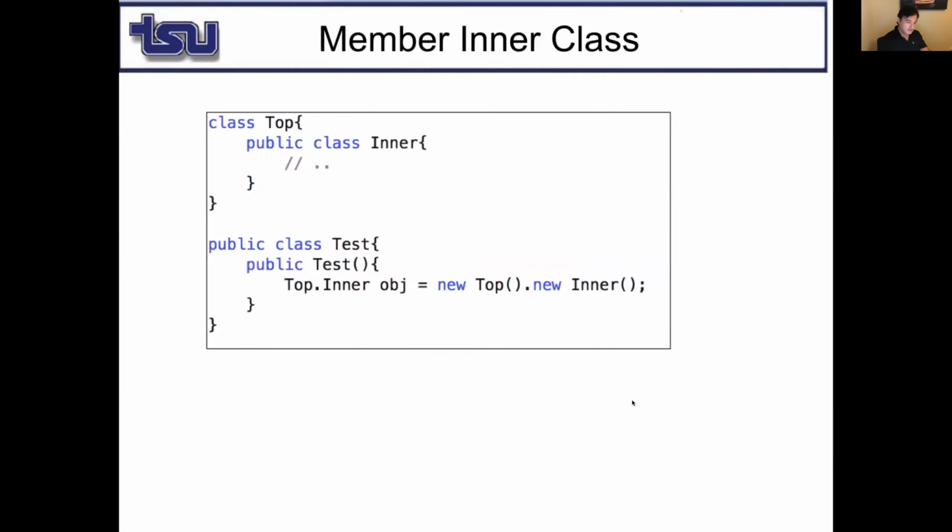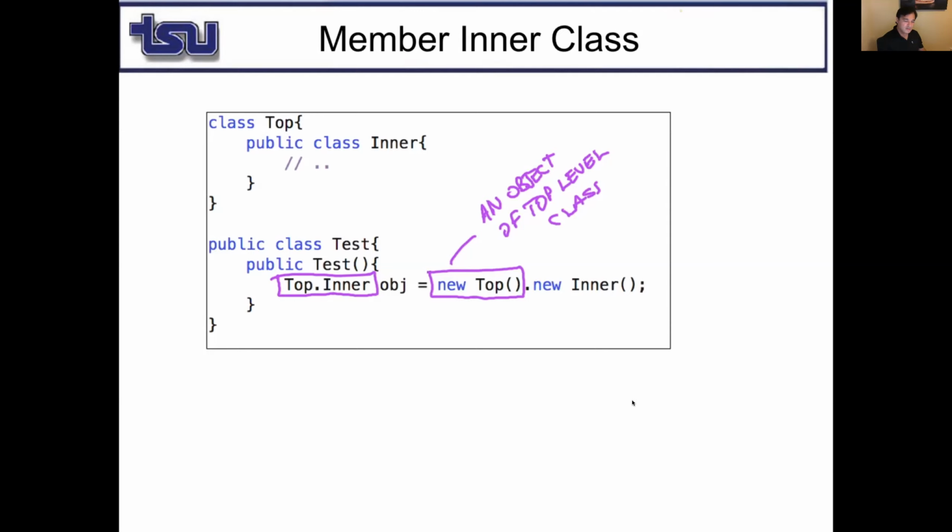Or another way, this will look like a weird notation to you, but it is pretty simple. Here I have this, which is an object of the top level class. I didn't give it the name temp because I will never use temp anymore.